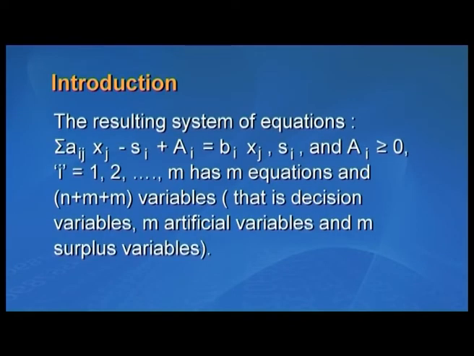The resulting system of equations, summation aij xj minus si plus ai is equal to bi, where xj, si and ai are greater than or equal to 0, i is equal to 1, 2, up to m, has m equations and n plus 2m variables, that is, n decision variables, m surplus variables and m artificial variables.